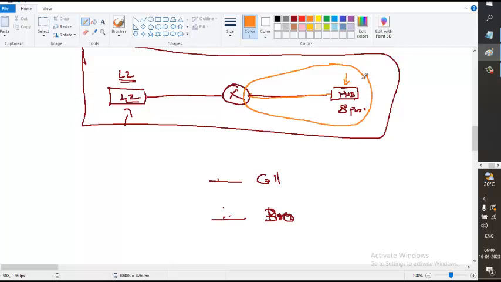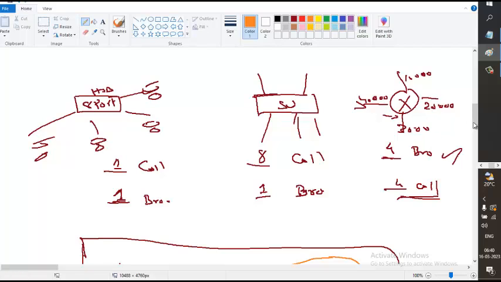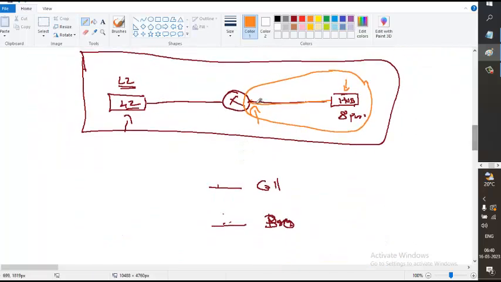Because router on this port has got a separate collision domain and broadcast domain. We just saw each port on the router has got a collision domain and broadcast domain. So when you connect this port and this port, the collision domain of the hub is extended up to here. The broadcast domain of the hub is extended up to here.